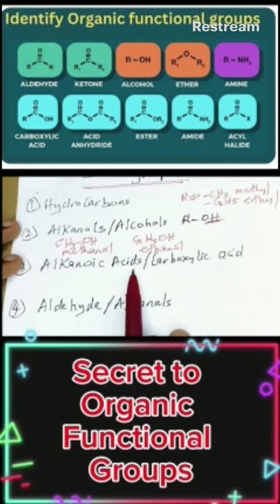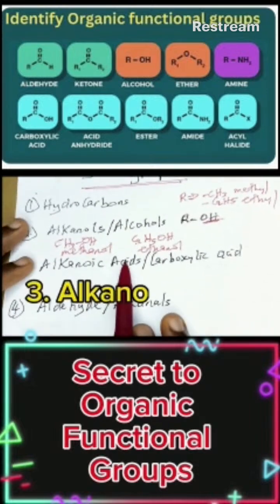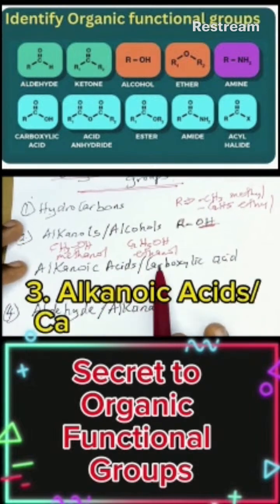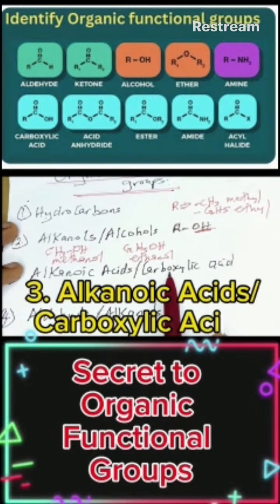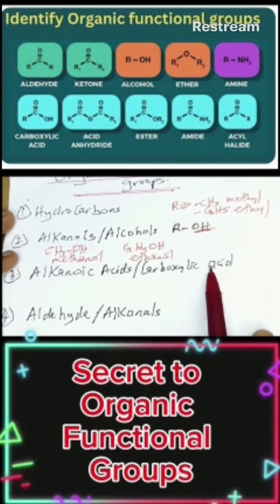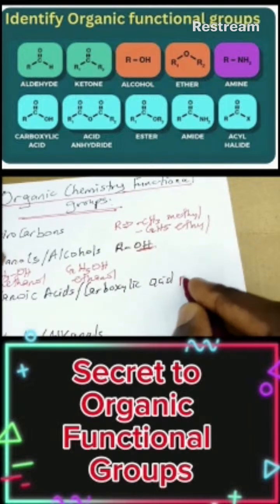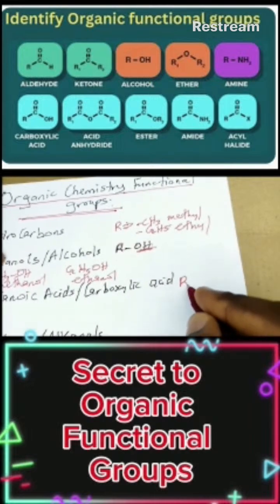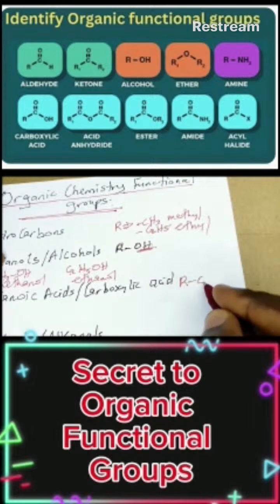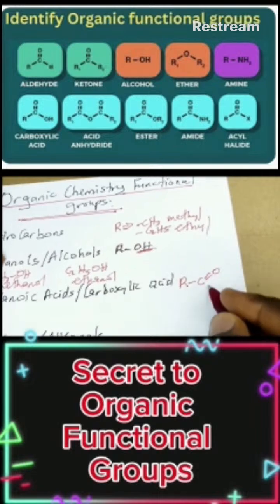Let's go to alkanoic acid. How can you identify alkanoic acid, which is generally called carboxylic acid? You identify it when you have your R, which is the alkyl group, joining with a carbon, and that carbon is having another OH.